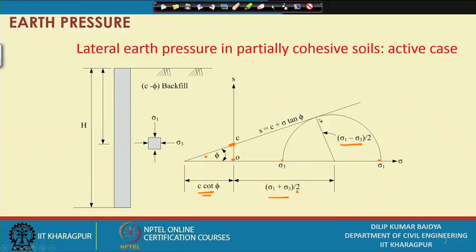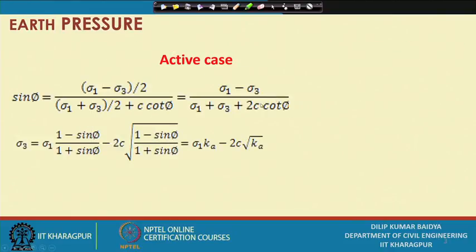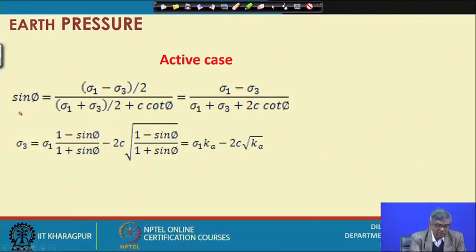So, let me see the next slide. You see that sin phi is the radius divided by this distance.